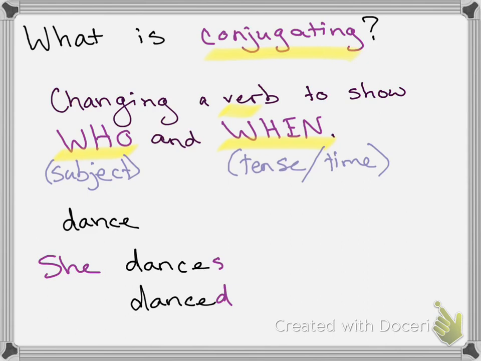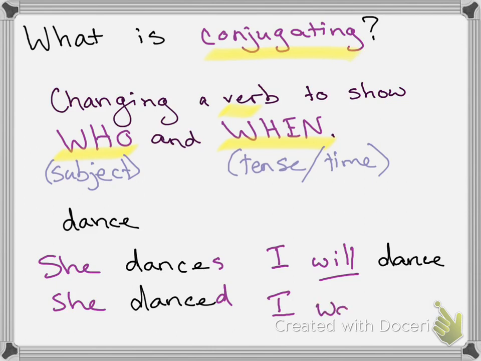Sometimes we add words in front when we are showing our changes. For example, we would say, I will dance, right? Adding will in front is a way of conjugating, okay? We could also say I would or might dance.